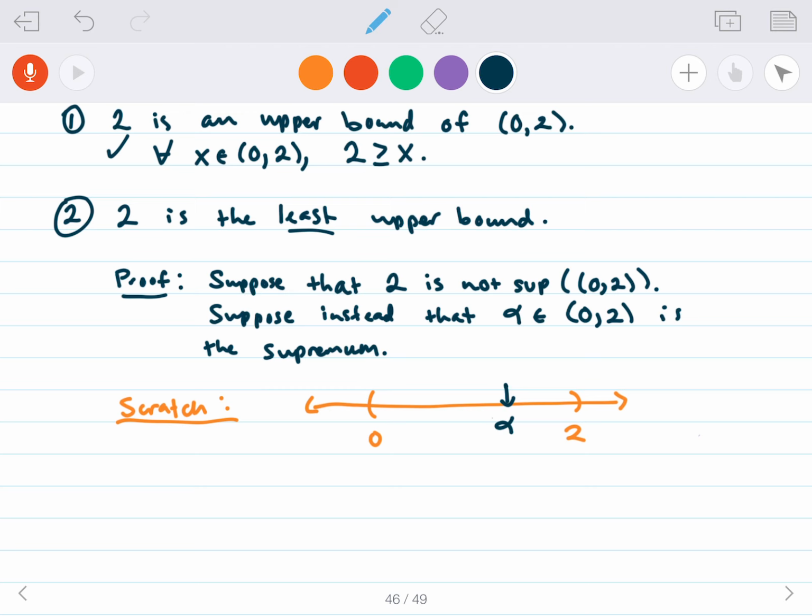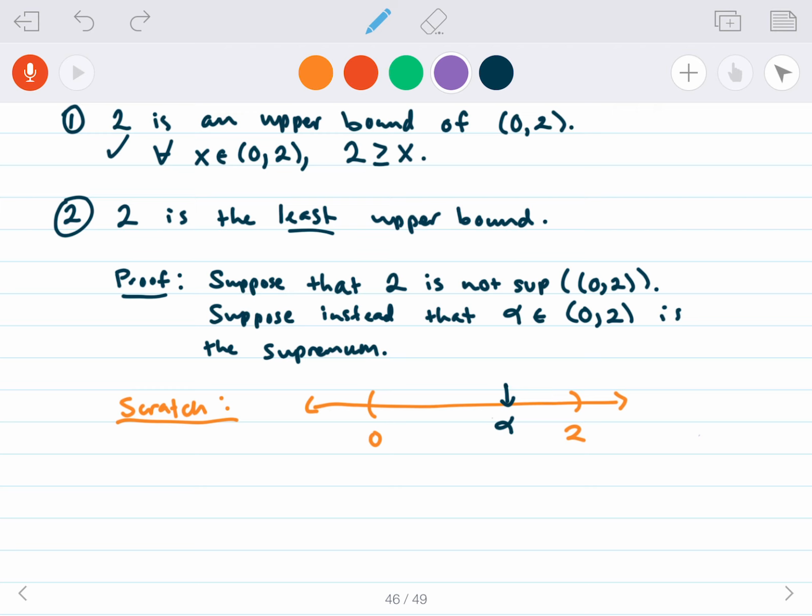That is, everything else in the set is less than or equal to it. But from the suggestive way that I drew my picture, this is not true, right? We can find something, say, right here that is strictly greater than alpha, and that would contradict that alpha is an upper bound for the set.